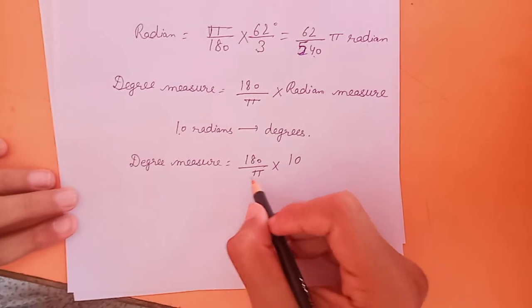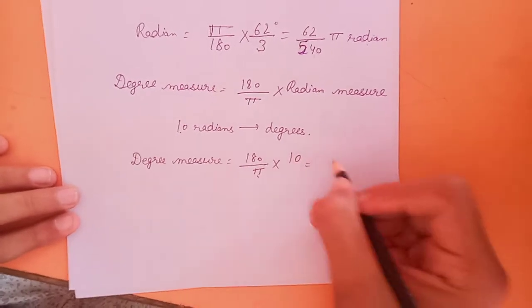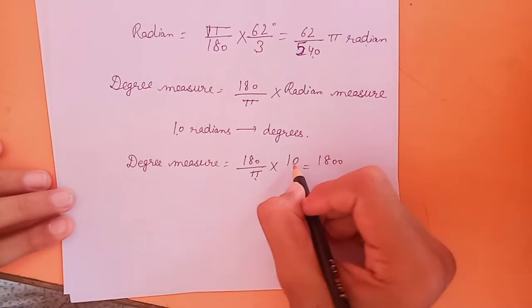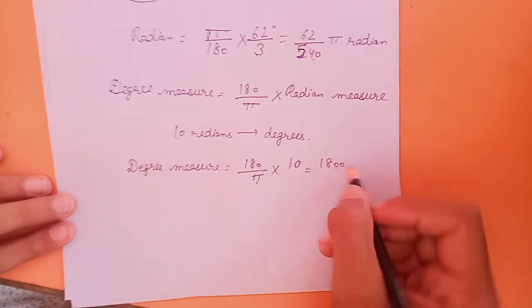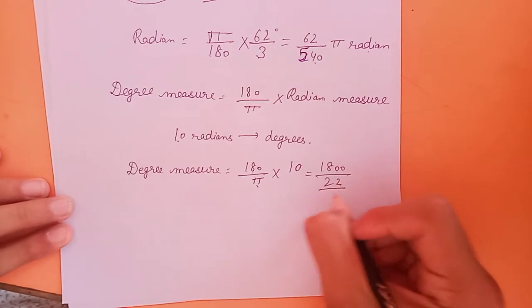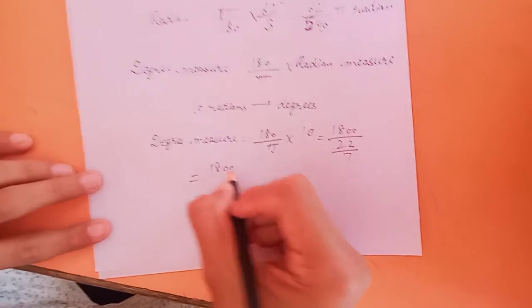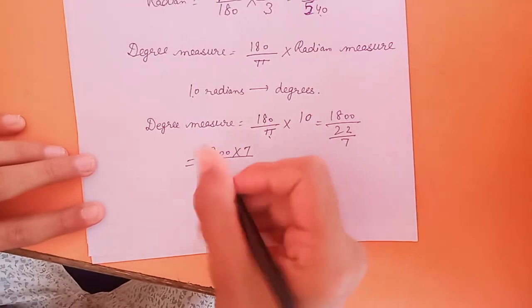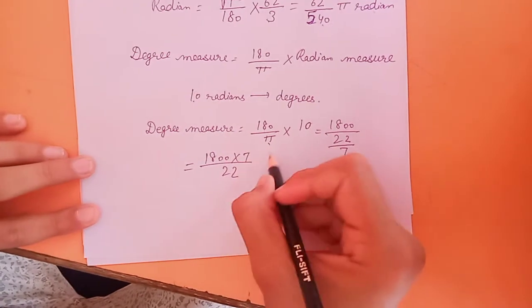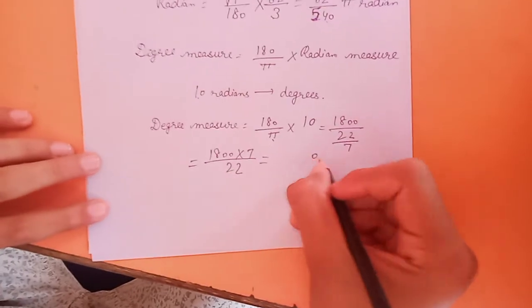Now here we will put the value of pi. We will get 180 multiplied by 10, which gives 1800, by 22 by 7. The next step is 1800 into 7 by 22. Now we can solve this.